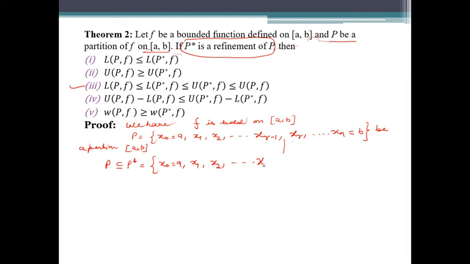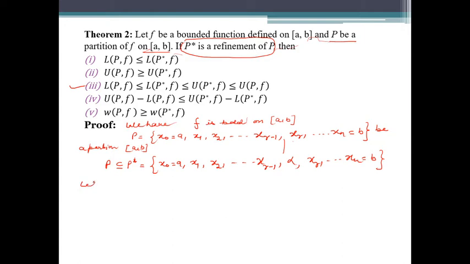So we divide it into x r minus 1 to alpha, and alpha to x r, and so on up to xn equal to b. So this is the partition of this interval, right?